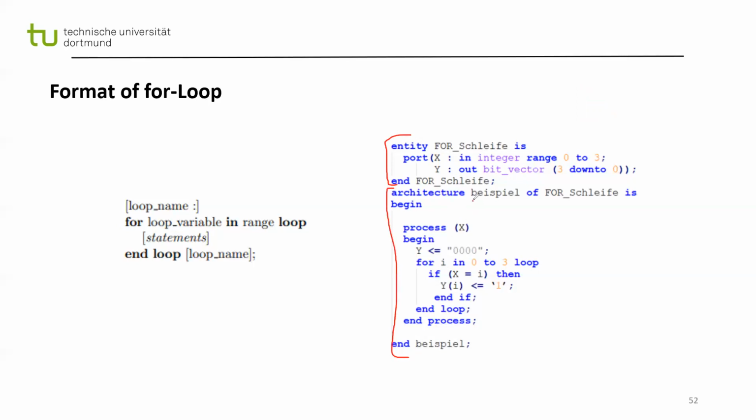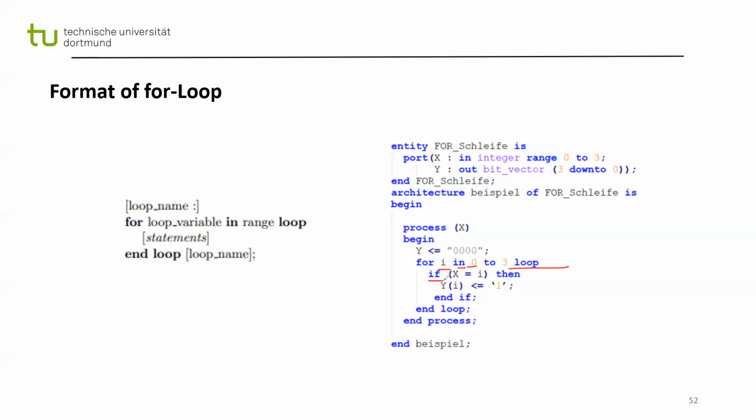We have a name for our architecture of our entity, and the behavior is the following. We begin a process and we give Y the value of all zeros, and we perform a for loop for I in 0 to 3 loop.